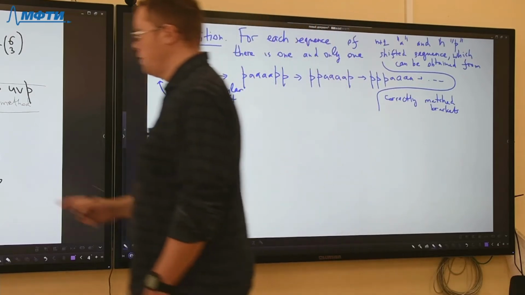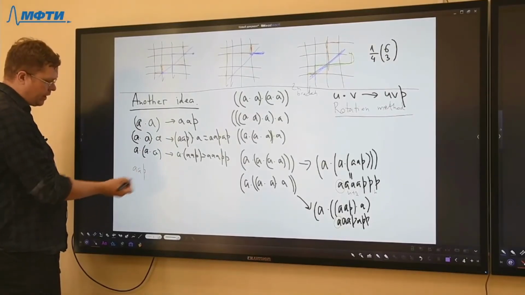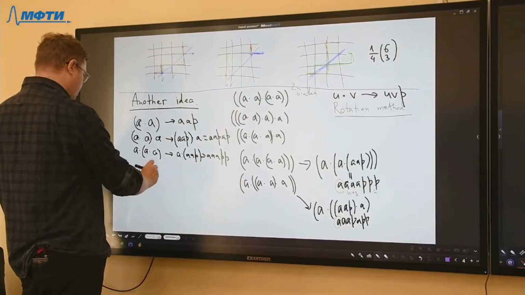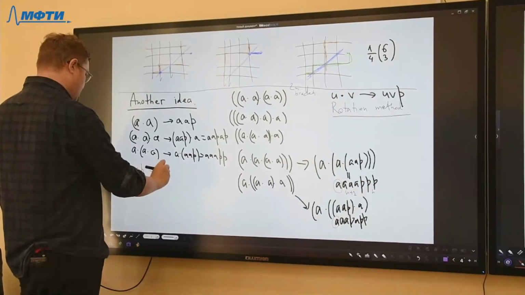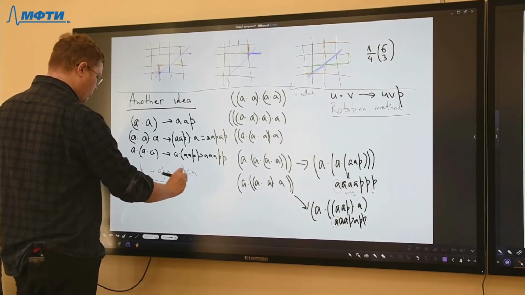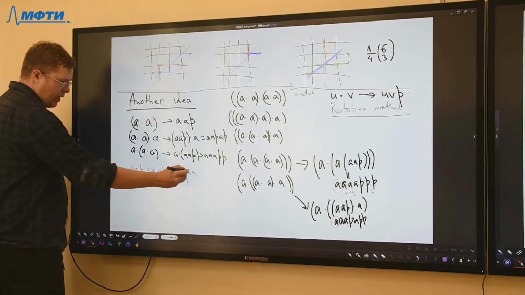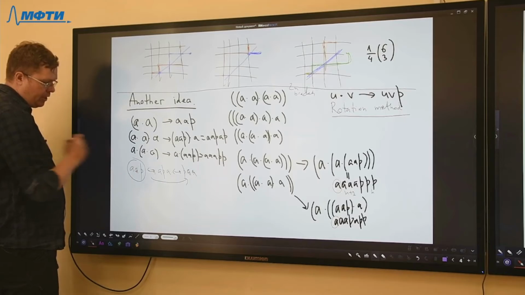So I illustrate it on an example. For 2 A's and 1 P, there is exactly one. The circular shift will go this way, and so I'll have only one element.